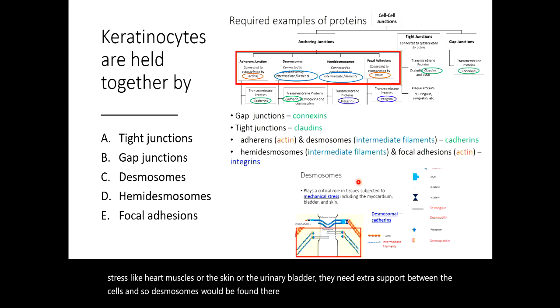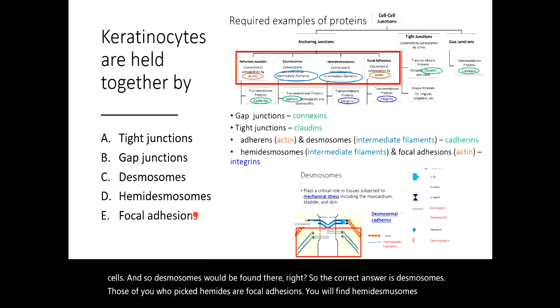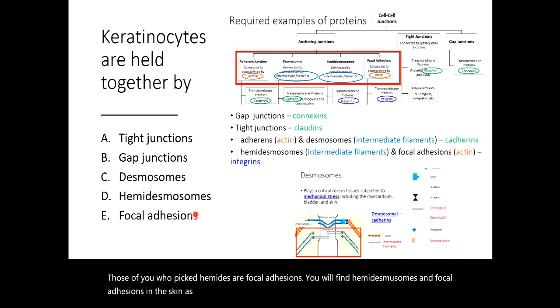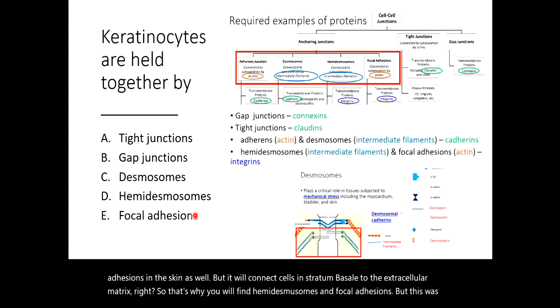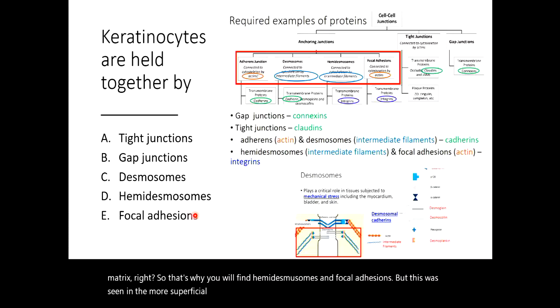For those of you who picked hemidesmosomes or focal adhesions, you will find those in the skin as well, but they connect cells in stratum basale to the extracellular matrix, right? This was seen in the more superficial layer, and the keratinocytes are linked one to another by desmosomes. Is that clear, folks? Yes?